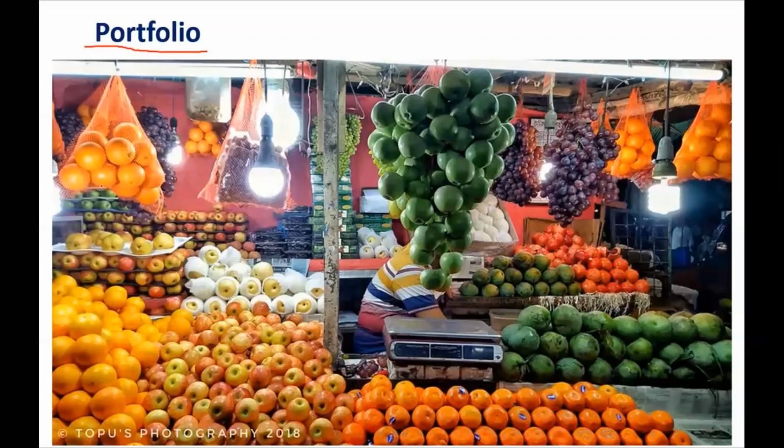So there are different kinds of fruits that we can see here, and I think it just reminds me of a portfolio. Okay, that means the fruit seller has invested his wealth not only in a single fruit but in multiple types of fruits.